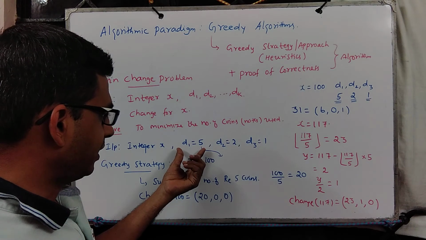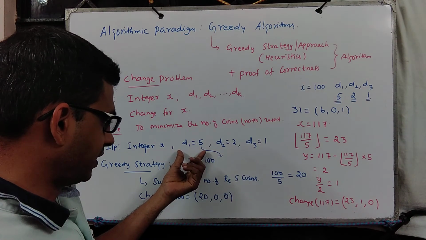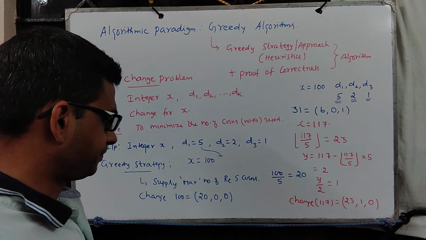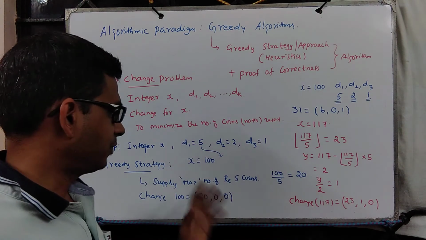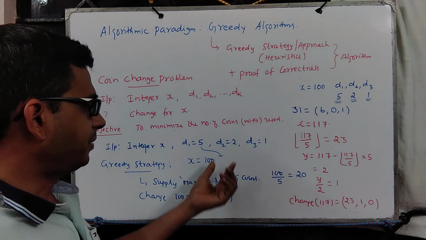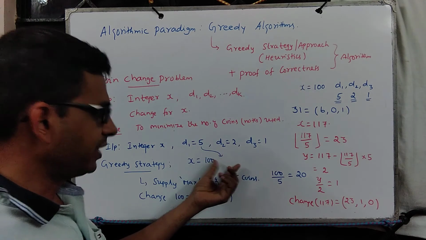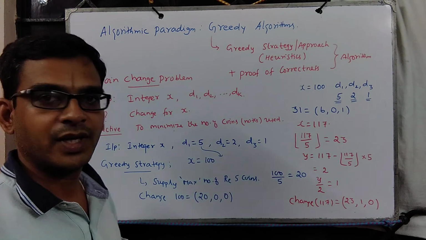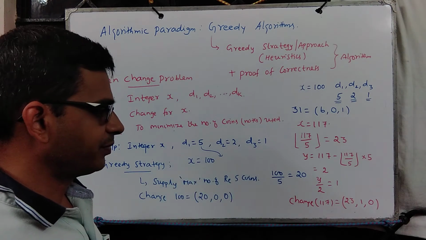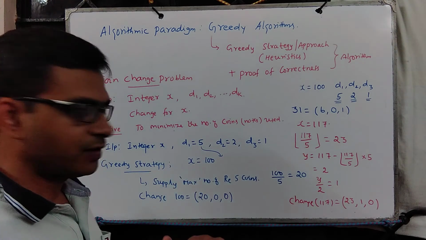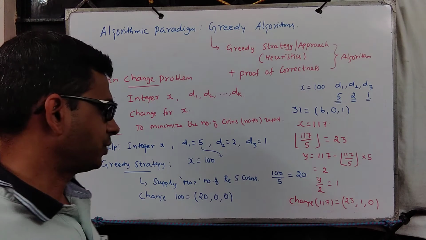First supply the maximum number of the max denomination, and when you cannot supply more, work with the remaining. You see whether you can supply using the next denomination. Again the greedy strategy says you supply that maximum number of times, if not go to the next denomination and so on.